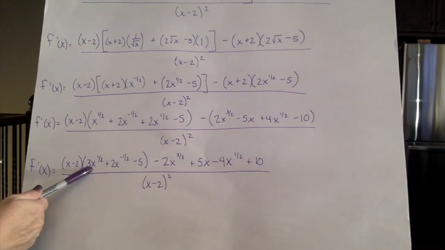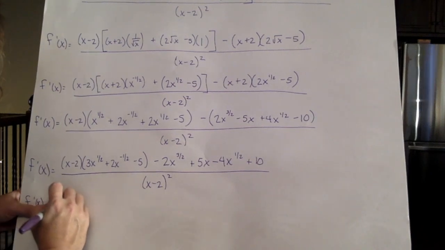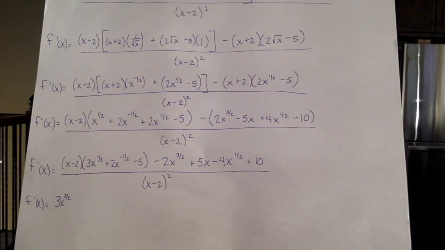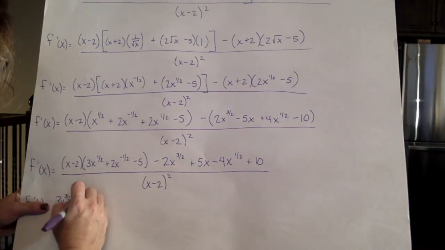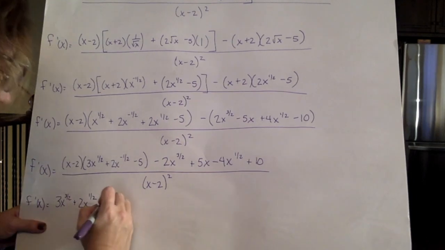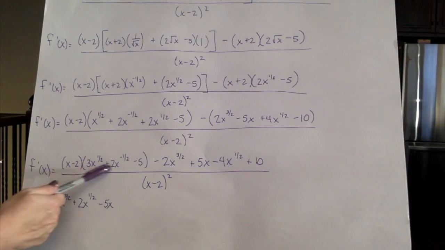So I'm going to do x times each of these terms. So x times 3x to the 1 half is 3x to the 3 halves. X times 2x to the negative 1 half is 2x to the positive 1 half. And x times negative 5 is negative 5x. Then we need to take negative 2 times each of these.